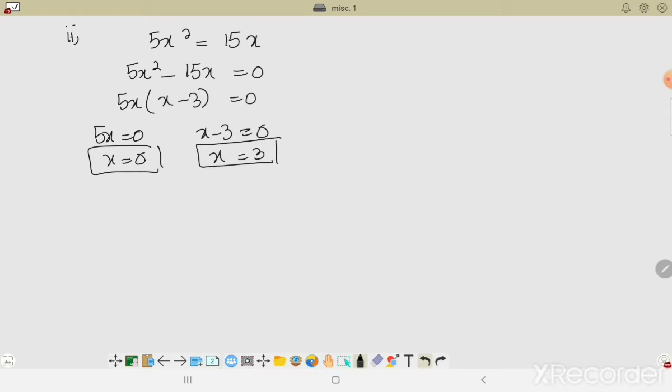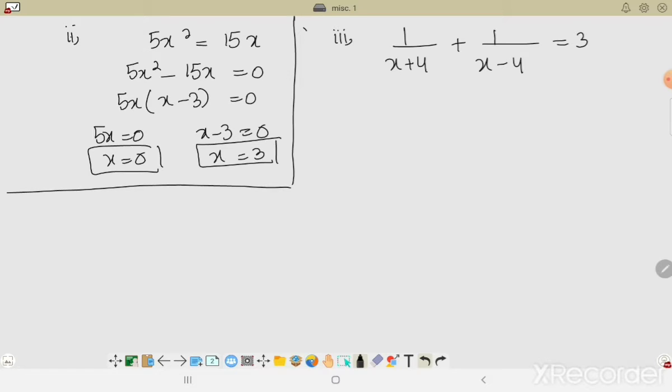Now the next question, the third part, is that we have to form this equation into standard form. So how do you solve it? You just remove the denominators and multiply the whole equation by the LCM. After that we'll get x minus 4 plus x plus 4 is equal to 3 into x plus 4 into x minus 4.